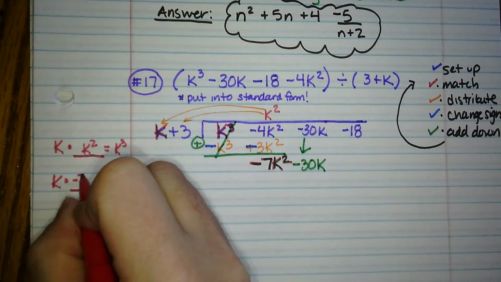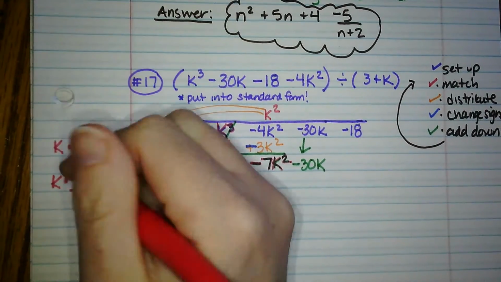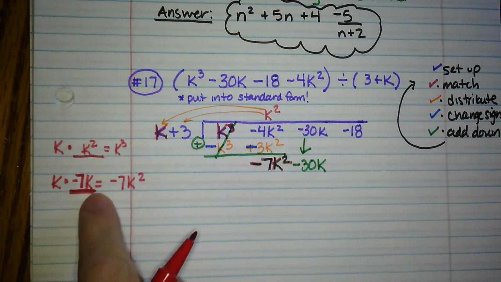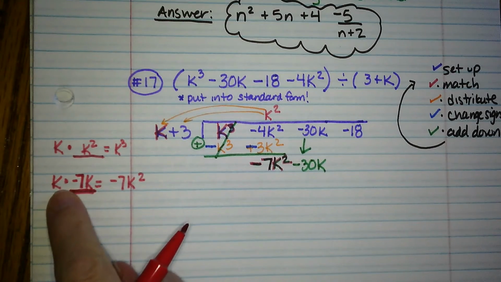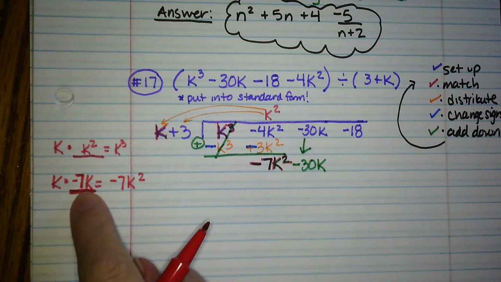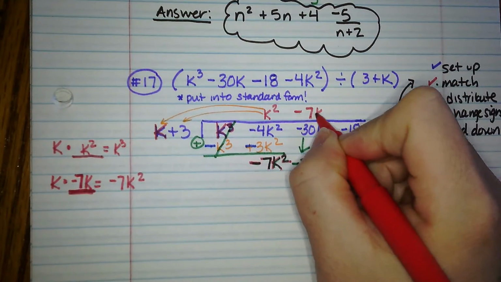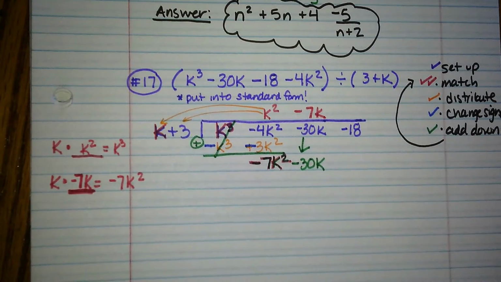Negative 7. But since this is a k squared, I also need another k. So negative 7k is what I need to get negative 7k squared when I'm multiplying. So this, what I underline, is going to go up top in the second term. And my match step is complete for my second round.